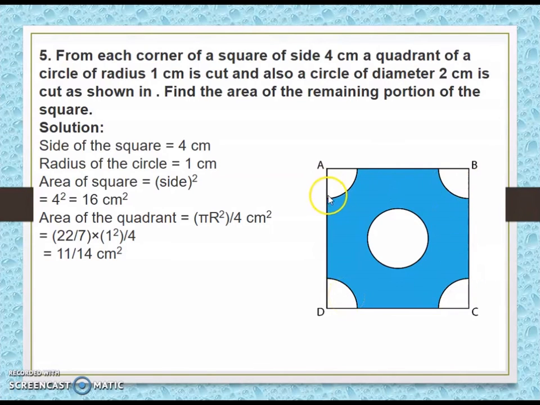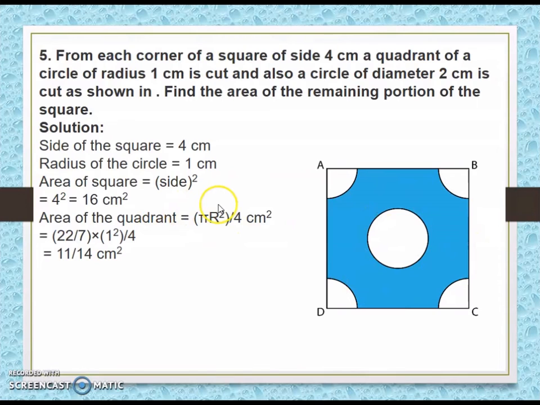A quadrant has an angle of 90°, or you can also say it is 1/4 of the circle. So like that, 4 quadrants are there. Together they will make one whole circle. And also there is one circle inside which has been cut out. So area of the square minus area of these 4 quadrants minus area of this circle will give you the area of the shaded portion.